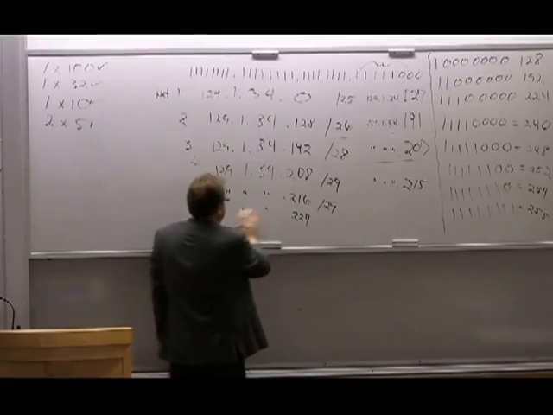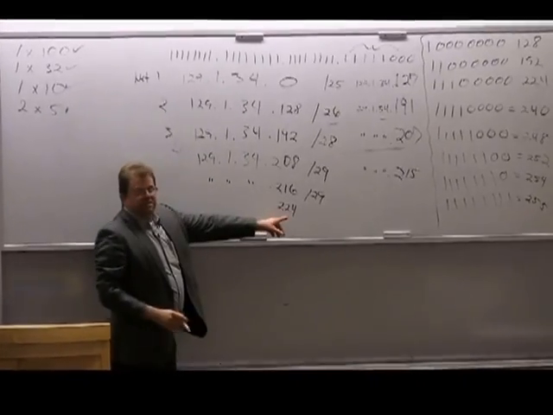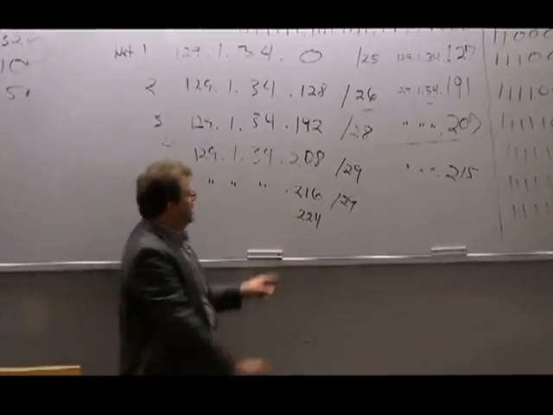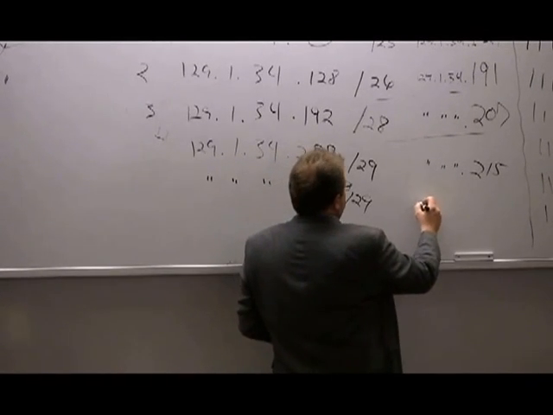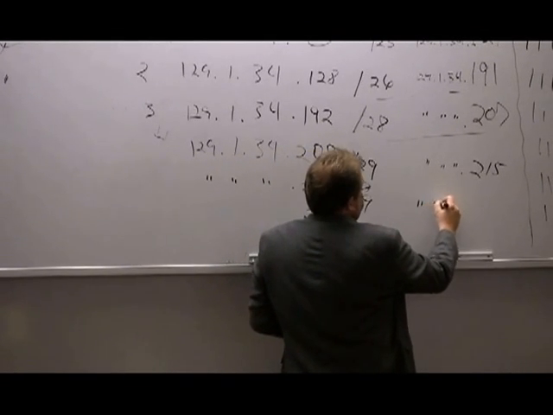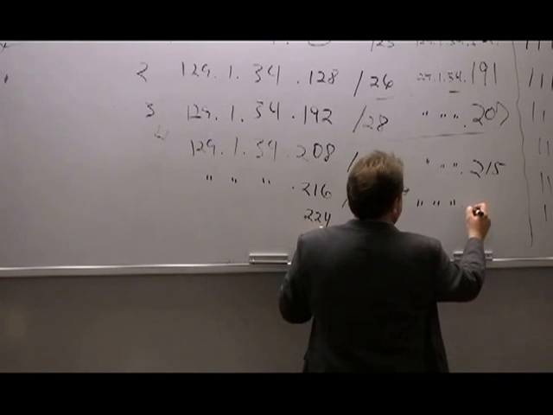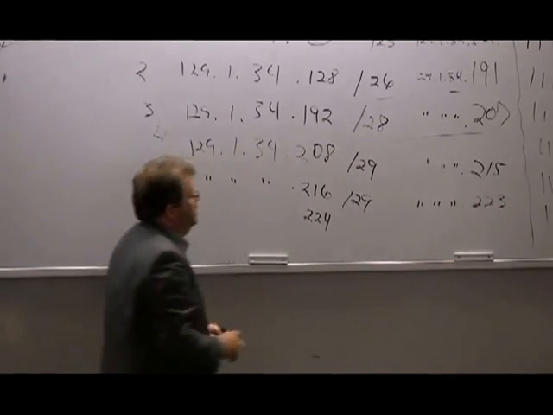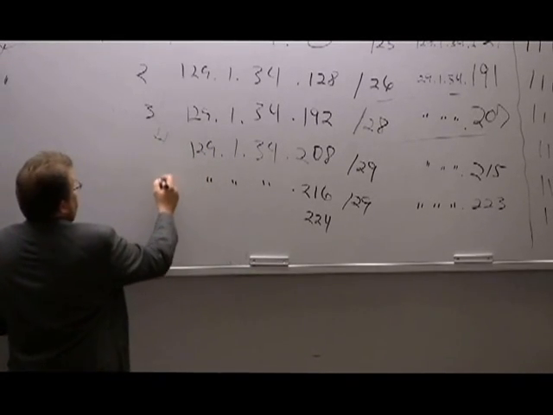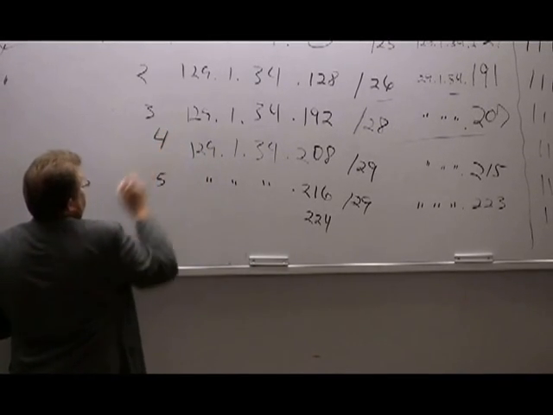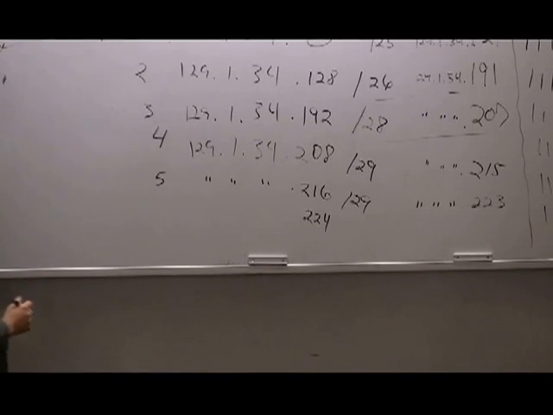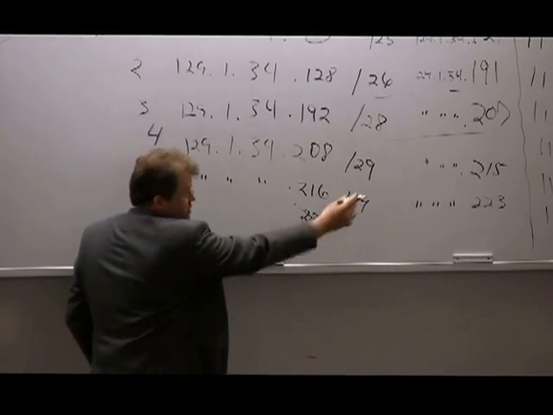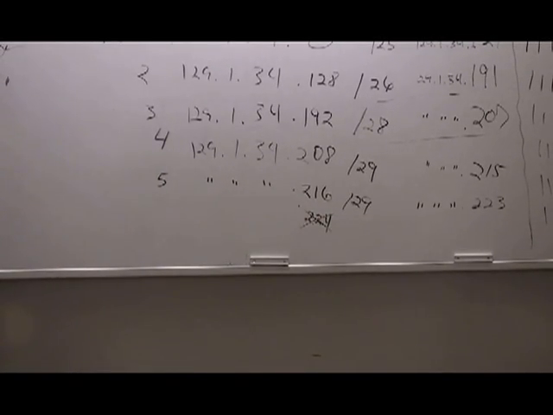So it's 224, and actually I don't even want to put those repeated prefixes there. This is just me doing this so I know what the broadcast is, because we're not going to use this network right now. So it's the same broadcast dot 224 minus 1, 223. And there's net 5. And I really don't use this number. I just used it to calculate my broadcast.